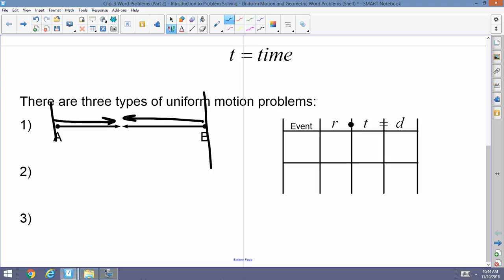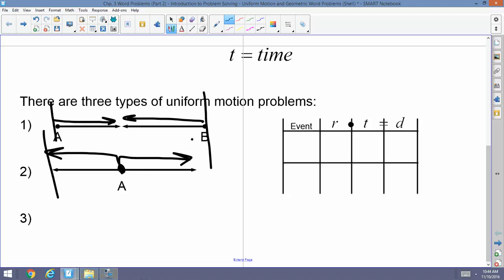That's one type of distance problem, where they're both starting at opposite ends and going towards each other. When will they meet? A second type of situation is you have a starting point here, A, and one train goes one way, another train goes another way. When are they going to be X apart from each other? X feet, X miles, whatever it is.